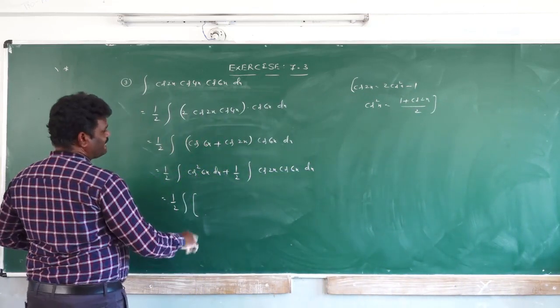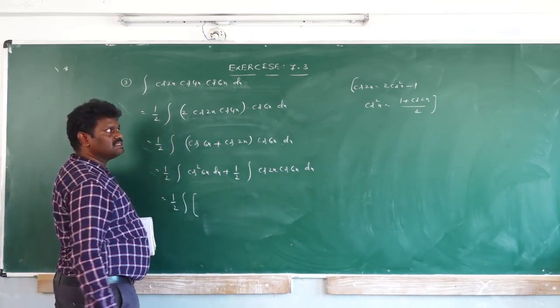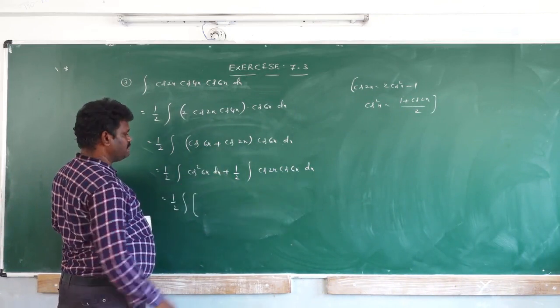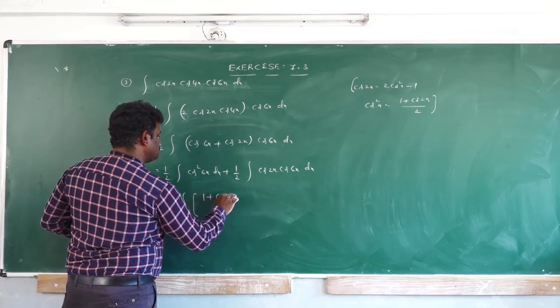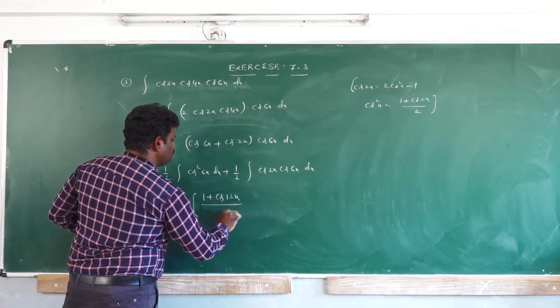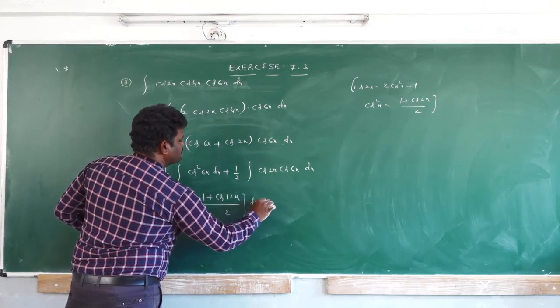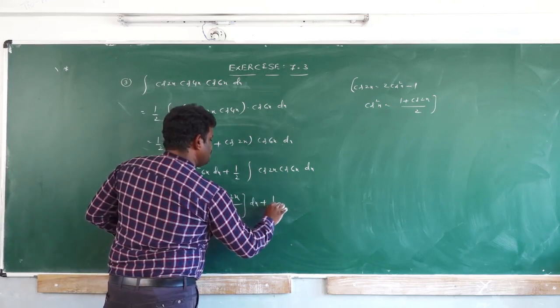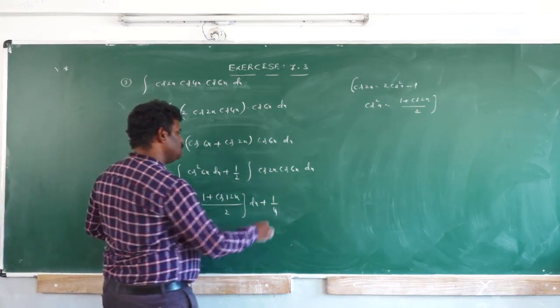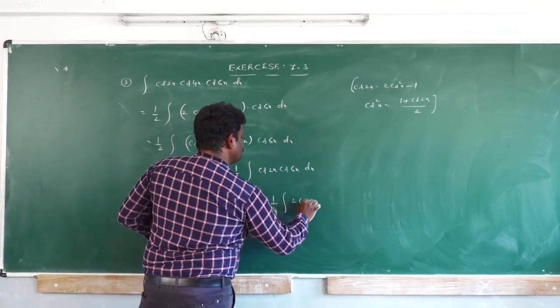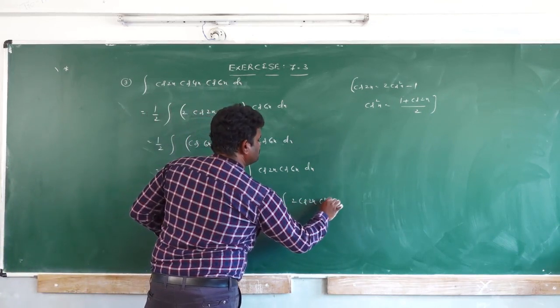Here cos square x, where x is 6x. So 1 plus cos 2 into 6x, that is 12x, by 2 into dx, plus again here 1 by 4 into 2 cos 2x cos 6x.